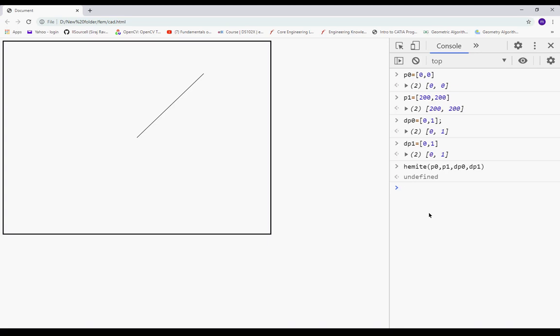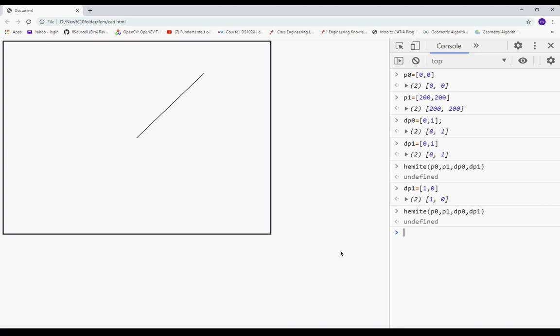So what I do, I just change this to 1, 0, and then maybe Hermite again. I am getting the same thing. So there is a bug in it, which we now have to solve.